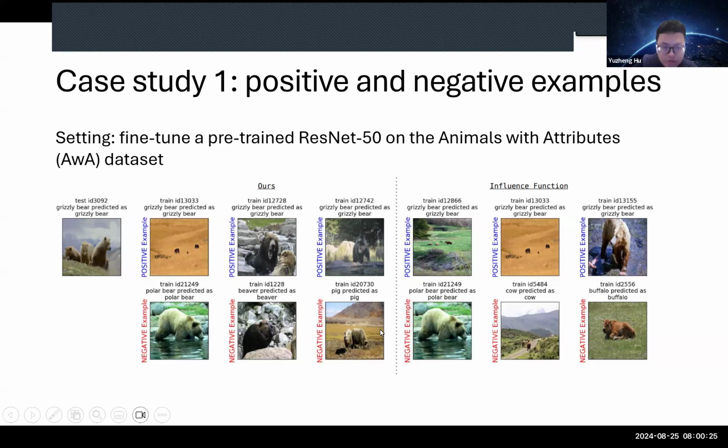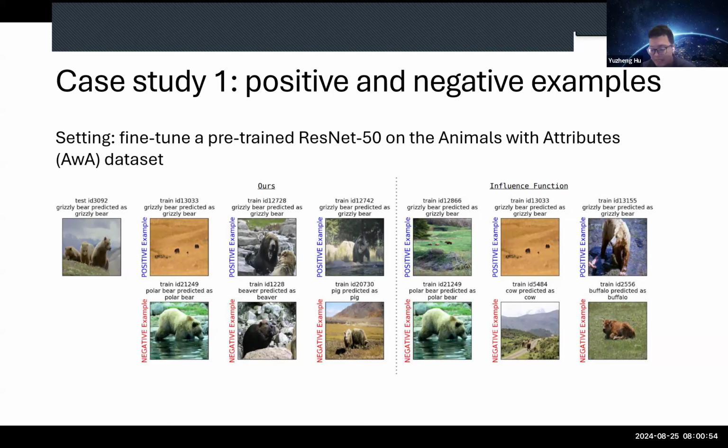For both representer point selection and influence function, here are the positive and negative top 3 samples that are selected. Basically, the first row corresponds to the positive samples selected by representer point selection and influence function, and the second row will be the negative samples selected by representer point selection and influence function.